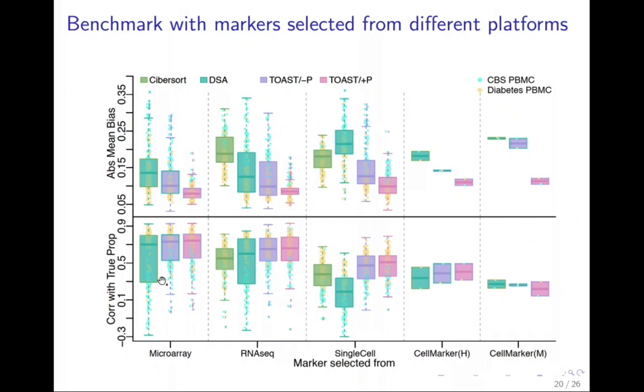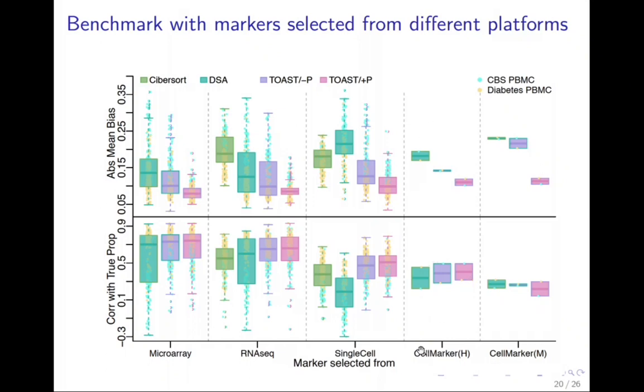So we evaluated how our proposed method TOAST compares with the existing method DSA and CIBERSORT, which is a reference-based deconvolution algorithm, with markers or reference panels from bulk microarray, bulk RNA-seq, single cell RNA-seq, and an existing marker repository, CellMarker.